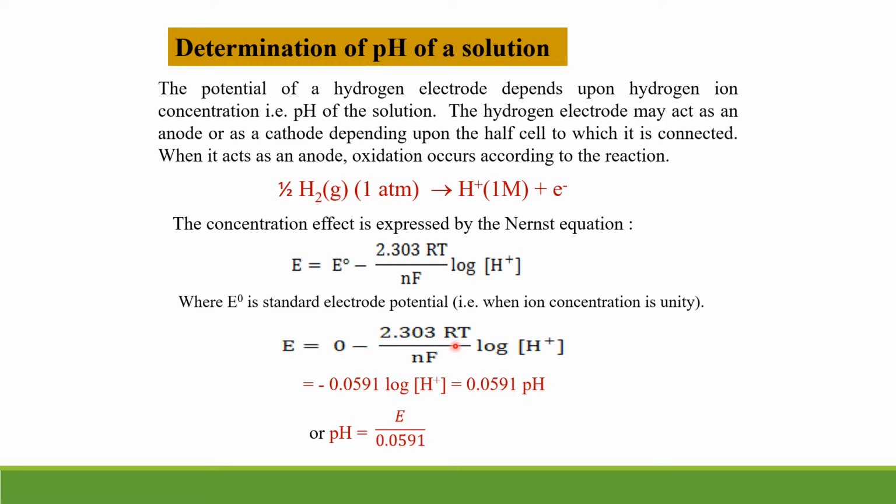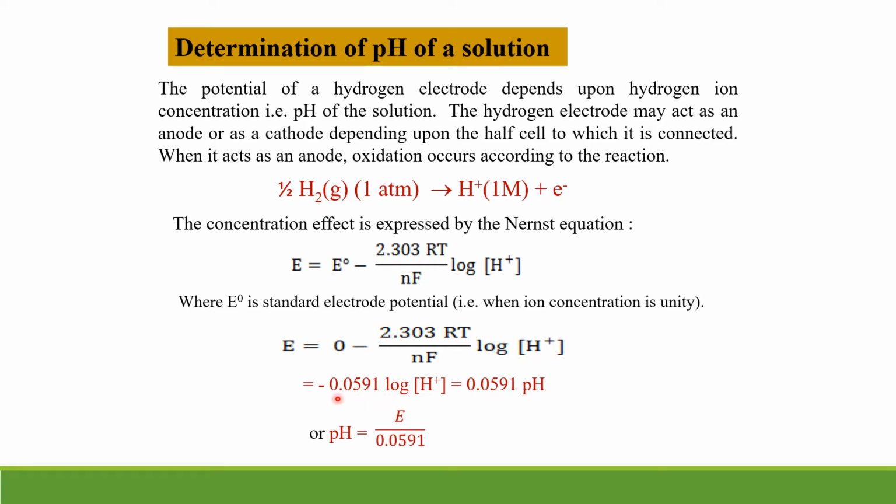Now if you substitute the values of universal gas constant R, the temperature, and Faraday's constant, and substitute the value of n as 1, as there is 1 electron change, then the factor comes out to be 0.0591. So the equation becomes E is equal to minus 0.0591 into log of H plus ion concentration.